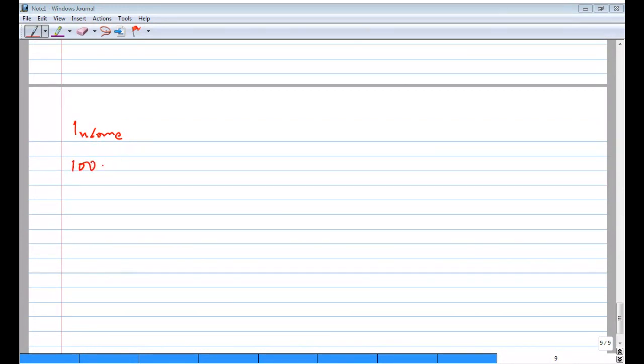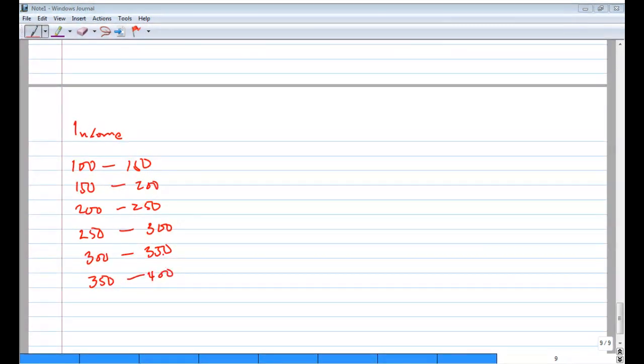It's 100 to 150, 150 to 200, 200 to 250, 250 to 300, 300 to 350, 350 to 400, 400 to 450, and the last one is 450 to 500. Those are the intervals that we're using.